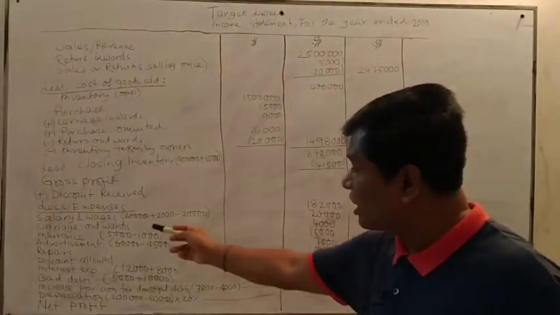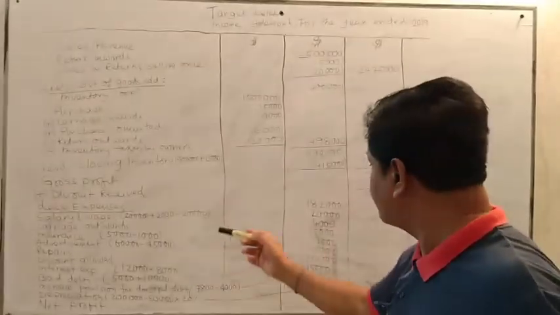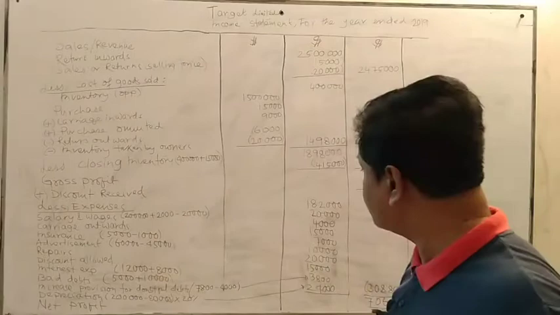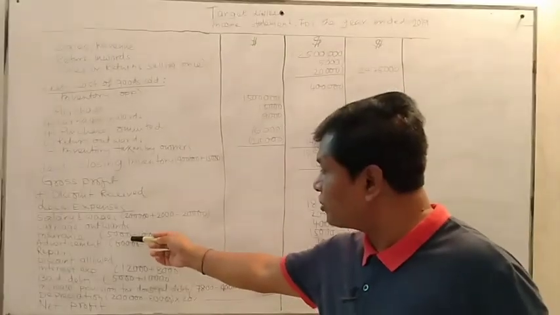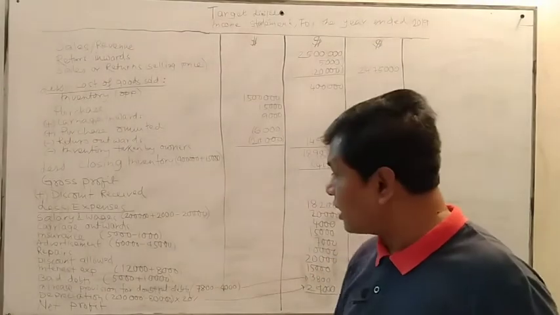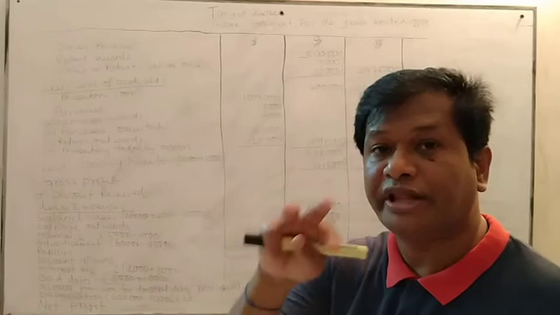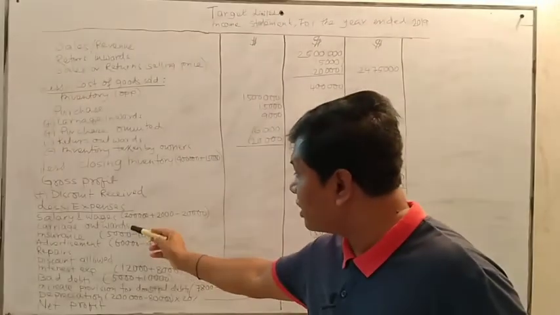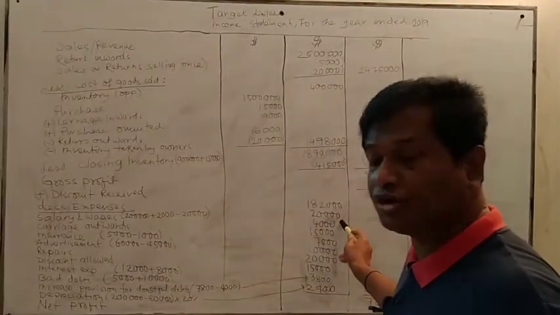Now carriage outward, the transporting cost of the business, is 20,000 given in the table. Now insurance is altogether 5,000, but out of that figure 3 months is prepaid. So that prepaid amount is to be subtracted. So 5,000 minus 1,000, the figure is 4,000, written over here.